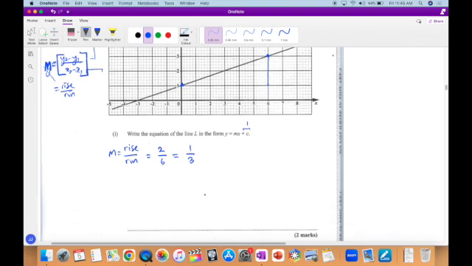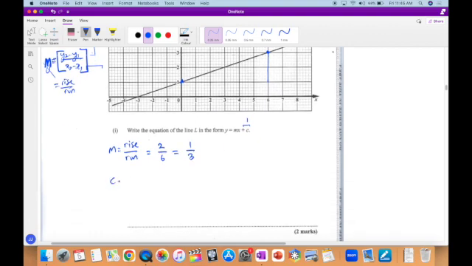And we know c is 1, and therefore y is equal to 1/3 x plus 1, which is of the form y equals mx plus c.